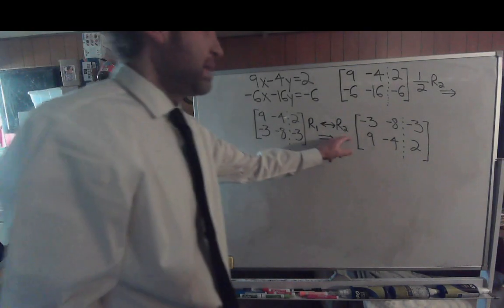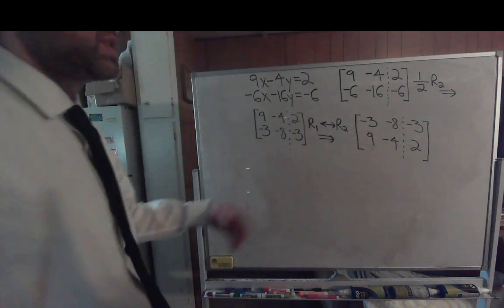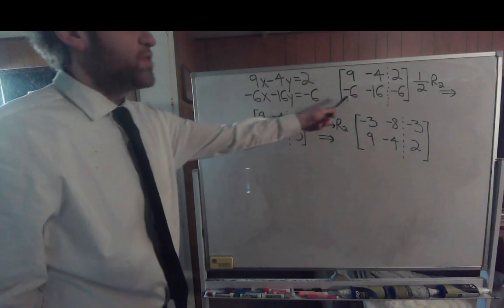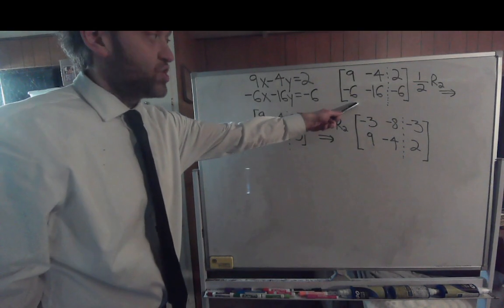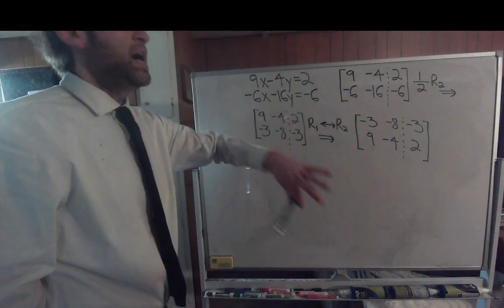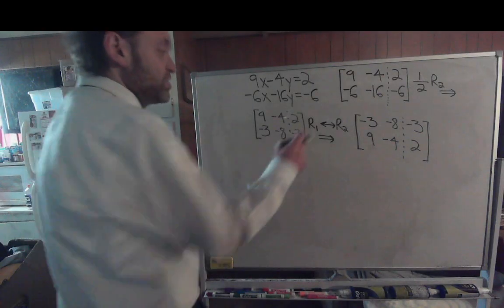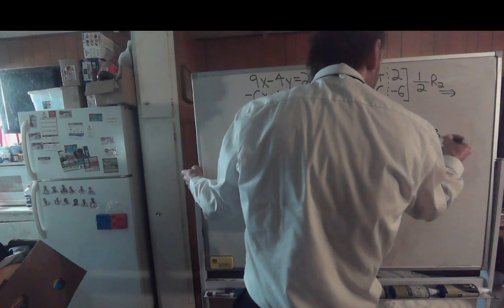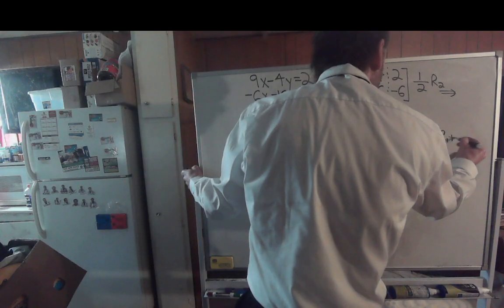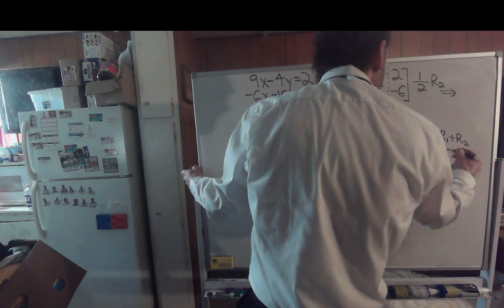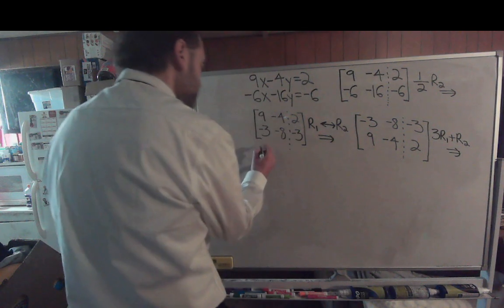That's why I swapped out rows after I reduced. So as I said, usually if you're reducing the coefficients in a row, you're often going to end up swapping rows. So if I just take 3 times row 1, add that to row 2, that should make the first digit in the second row a 0.